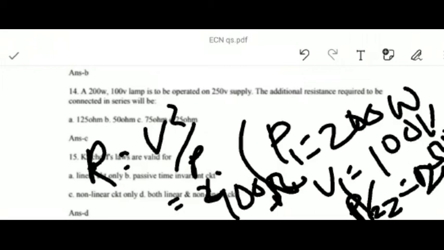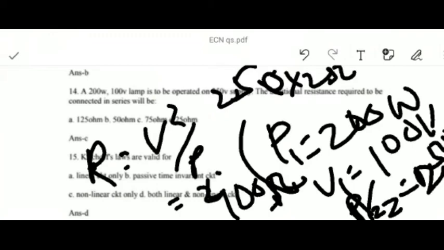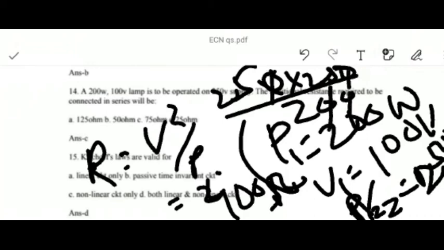When it is connected in series with a 250 volt supply, 250 into 250 by 200, then it will come 125 by 2, and it is 400 ohm.